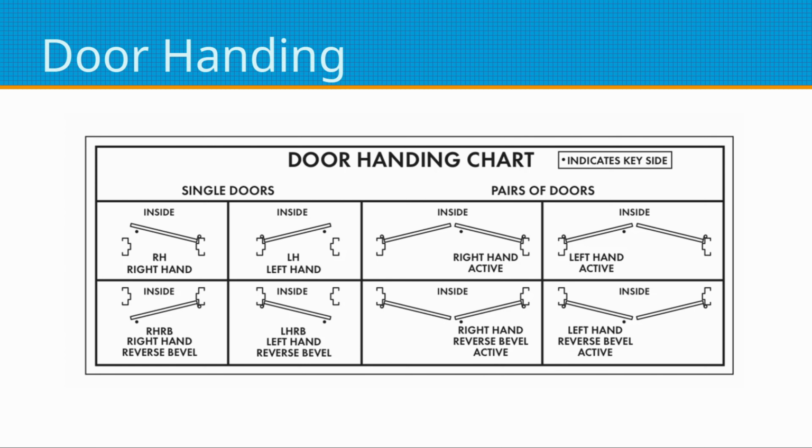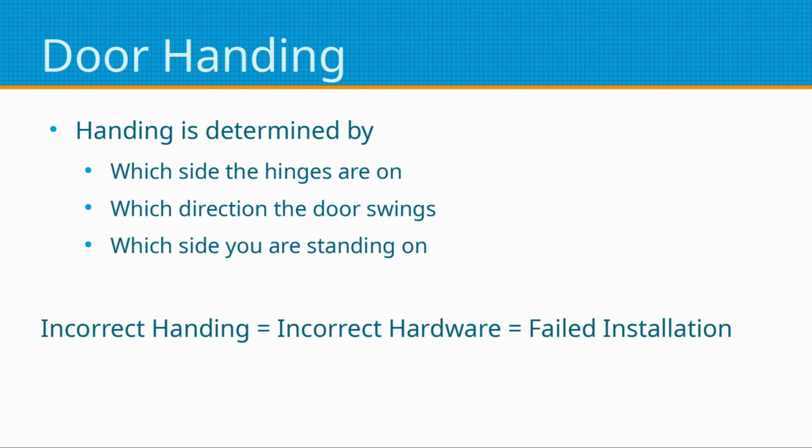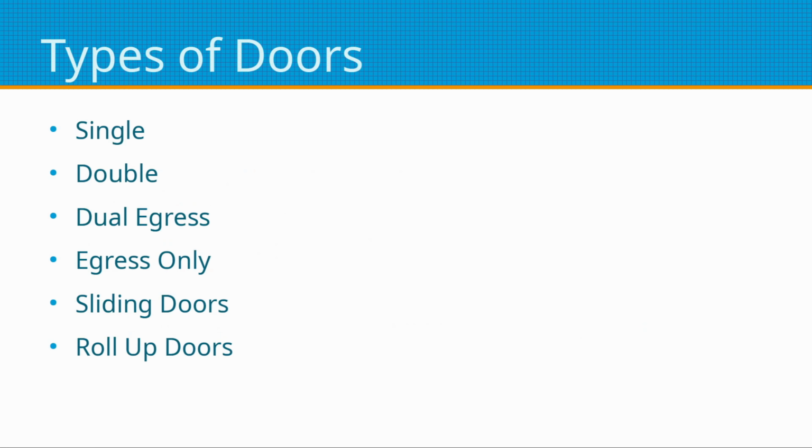You can also have pairs of doors, and in that case, you could have a left-hand reverse and a right-hand reverse in the same doorway because you have two doors swinging two different directions. So like I said, handing is going to be determined by which side the hinges are on, which direction the door swings, and which side you're standing on. This is important to know because if you order incorrect handing, you get incorrect hardware, and then you get a failed installation.